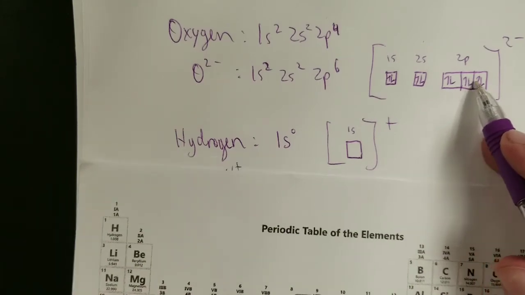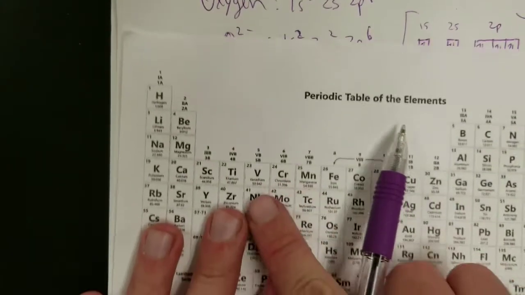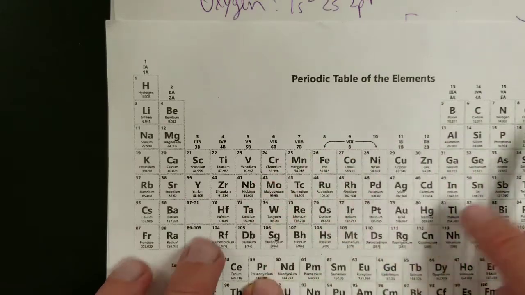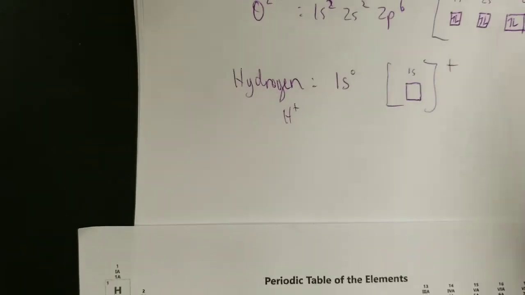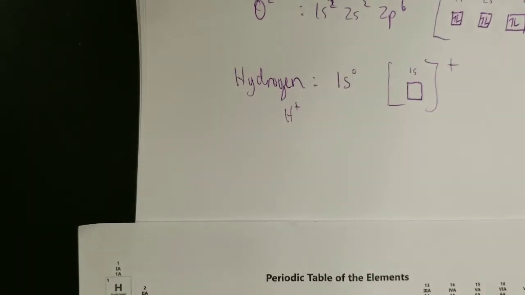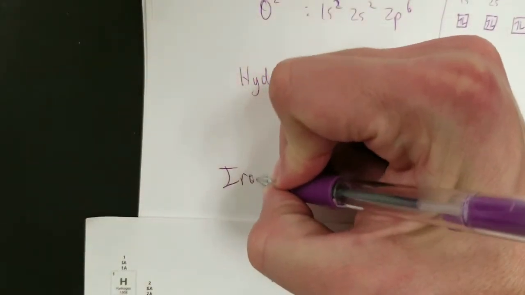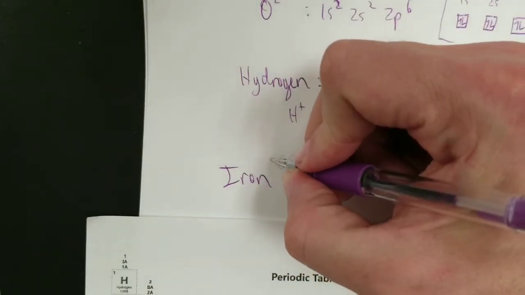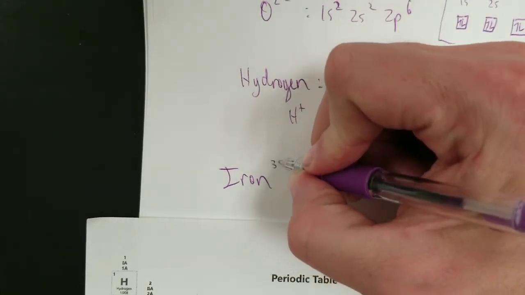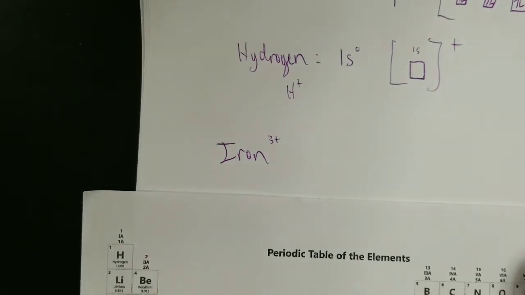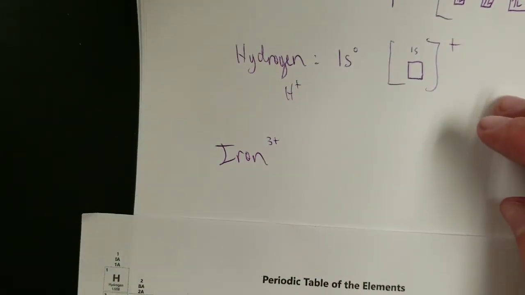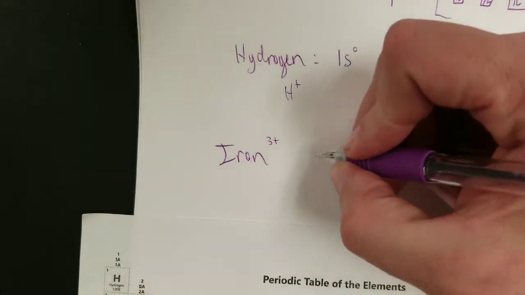There's no surprises there. There is a surprise when you deal with the transition metals. So the last bit is to deal with transition metal surprises. I will do iron, and let's do iron as a 3+ ion.